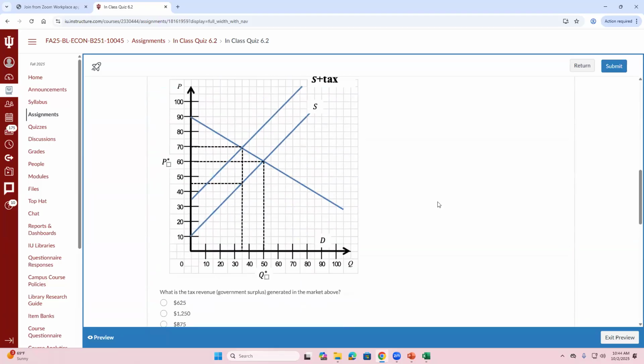What if I have this same market? What would my tax revenue be? So we always know that the tax revenue is that rectangle in the middle, but I said the tax revenue is always the value of the tax, which we've already said is what? 25 times what? The quantity after the tax. So what is the quantity after the tax? 35.